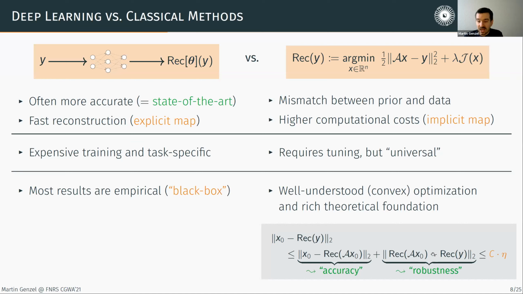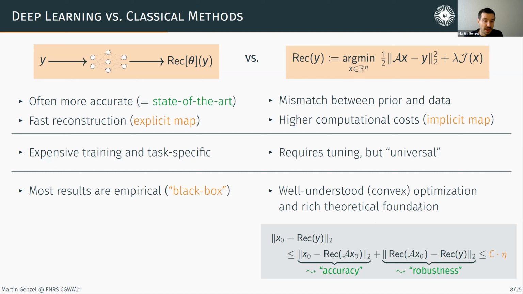And the other thing is robustness, which basically means how sensitive your method is against noise, right? We have assumed that there's some additive noise, and of course, it's a very important question to understand and to control this term. Ideally, what you would like to have is an error bound of this form: control in terms of this noise bound, the power of the noise, times some maybe unknown, but hopefully small constant.